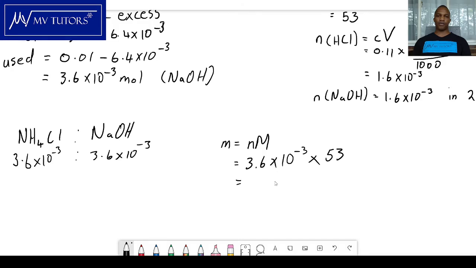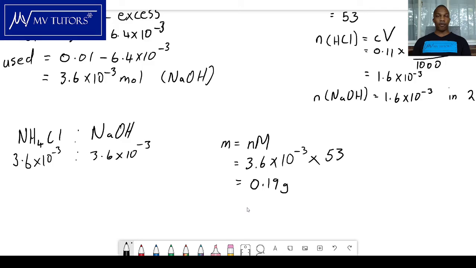Okay, so we put that in a calculator. Even though you can't see this, it really sucks that you can't see it. I wish you could. So it's times 53 and I get 0.19 grams.